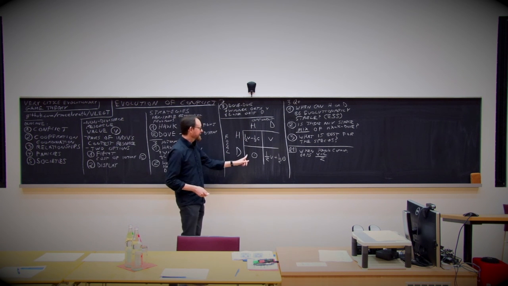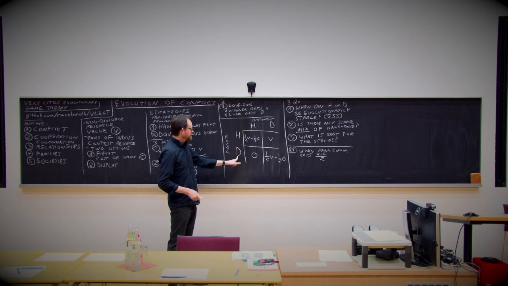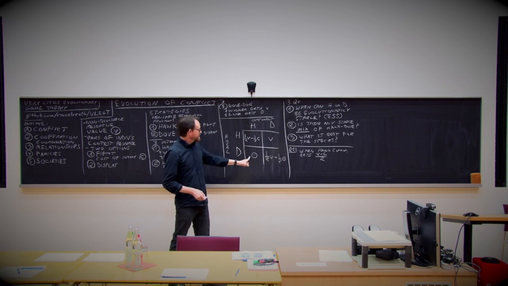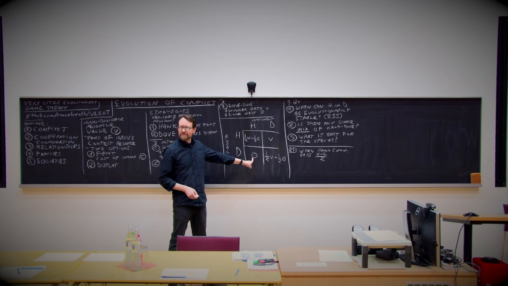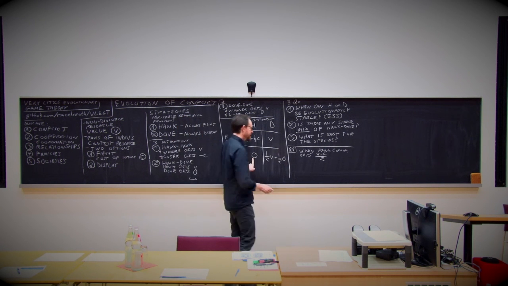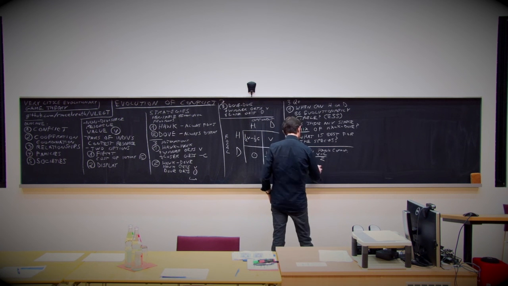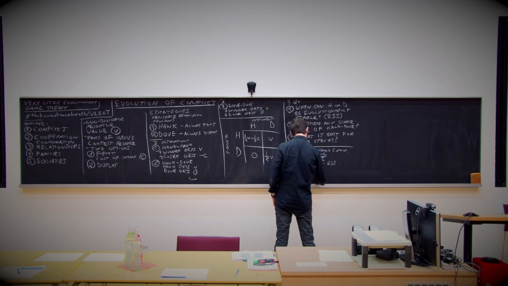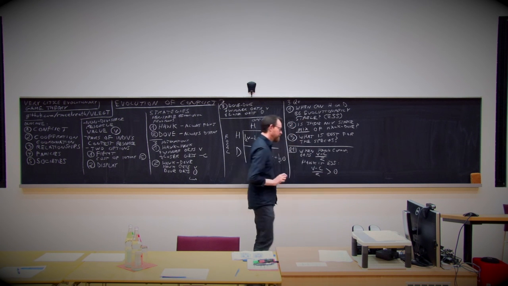Does that make sense? Okay. And we can see this in the table too. So, you're a rare dove, and this is what you get. Make sense? Easy, right? So, the condition for hawk to be an ESS is when V minus C over 2 is greater than 0.